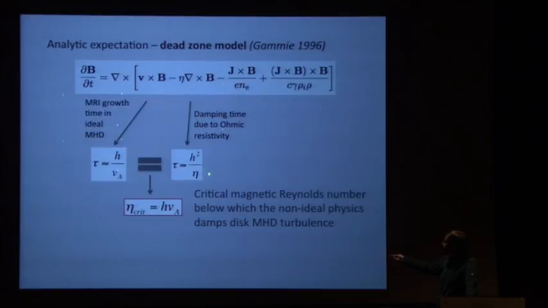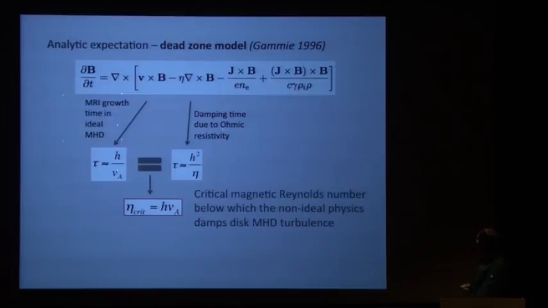So if you just equate those two things together, you get a critical value of the resistivity, which depends on the magnetic Reynolds number, effectively, and that will give you a critical value of the resistivity above which you would expect to damp MHD turbulence within the disk.